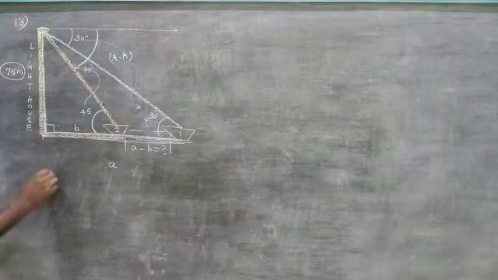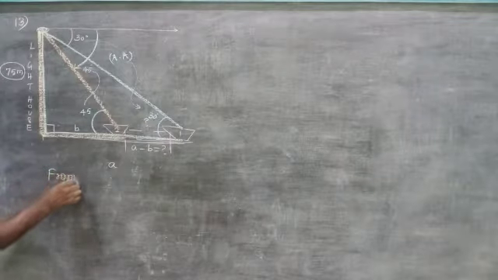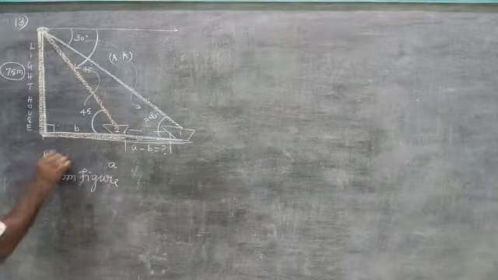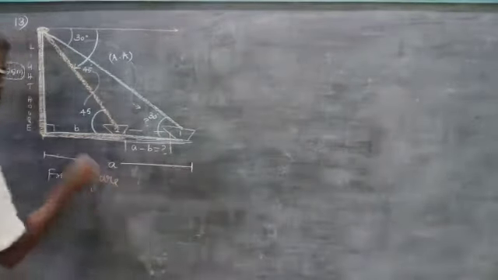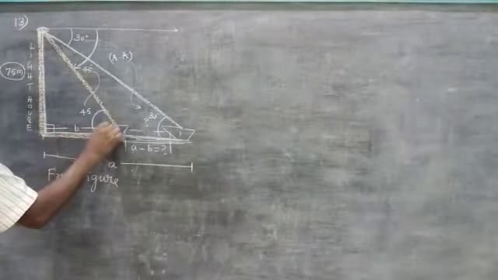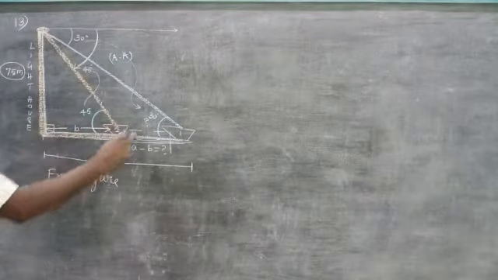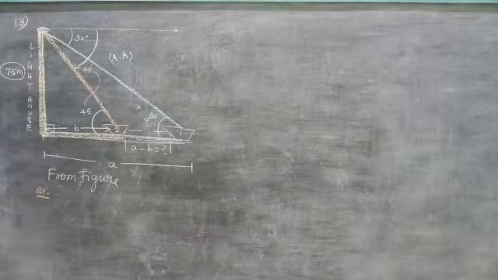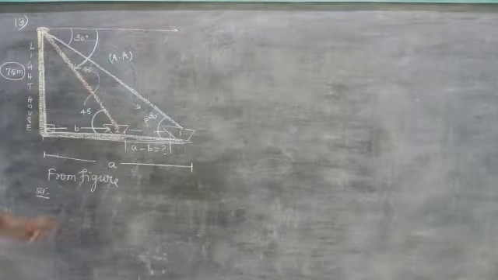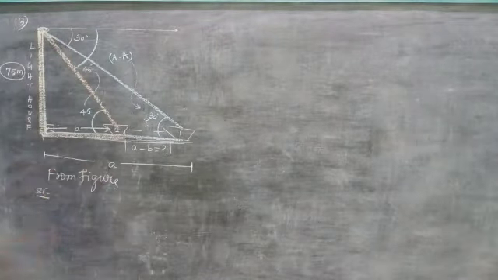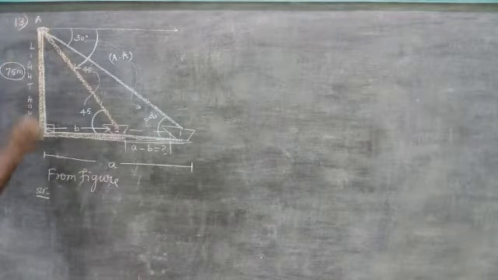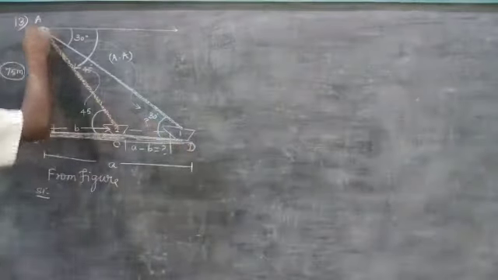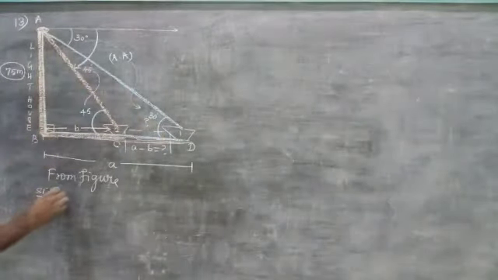From the figure, the full distance from here to here is called A, and the distance from here to here is called B. This is A minus B. So from the figure, step number 1, we choose the right triangle for finding A, with the names A, B, C and D. First we consider the right triangle ABD.